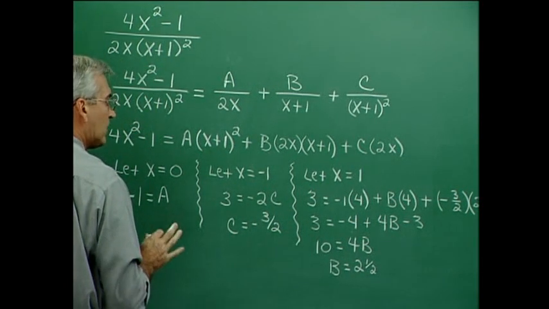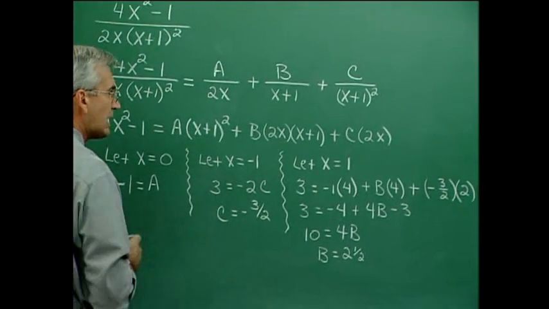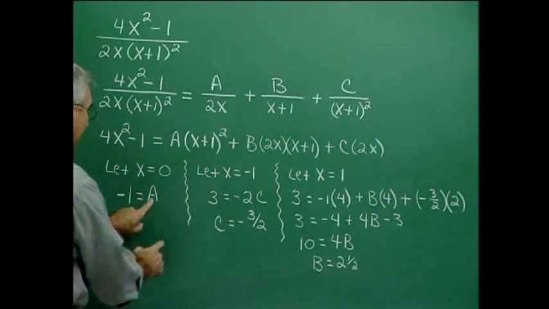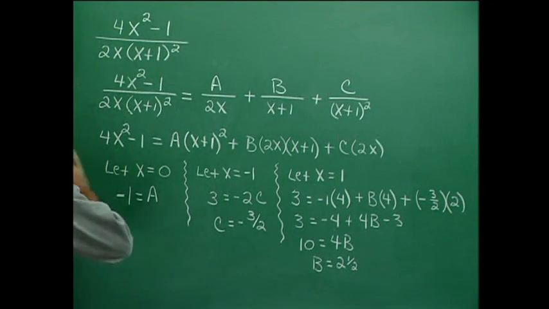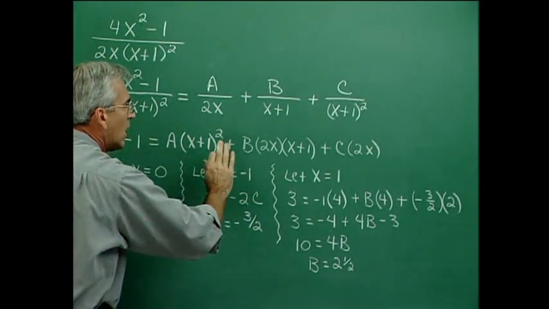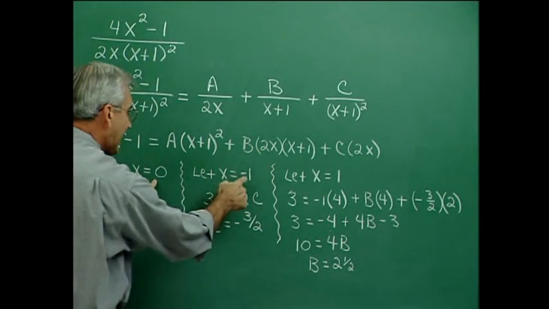All right, now what about the value for B? What are we going to do? Well, notice that we've already found values for A and C. We know their value. You see, all we have to do is choose any value for x that we want other than 0 and negative 1.